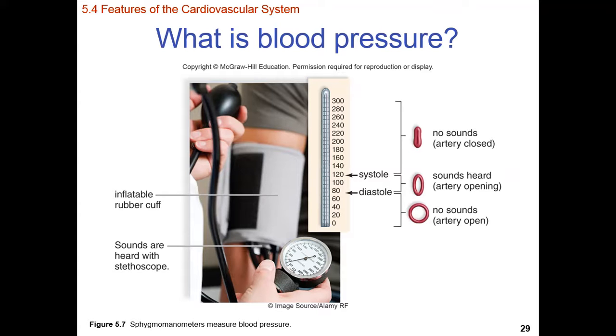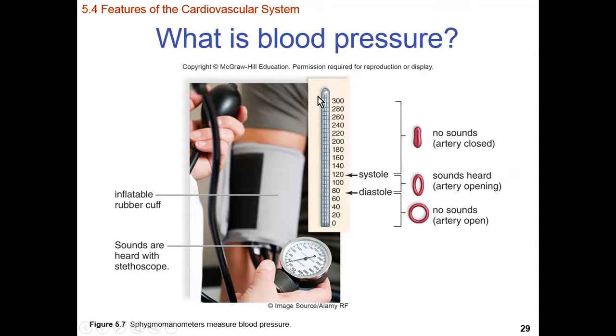Now when you're measuring a patient's blood pressure, what you're going to start off with is pumping up the sphygmomanometer to a high pressure, and that completely pinches off the artery, and you can't hear any blood flowing through it. And as you have your stethoscope right there by the major blood vessels, the moment the blood vessel pops open and you can start hearing some blood flowing through it, that corresponds to the systolic blood pressure.